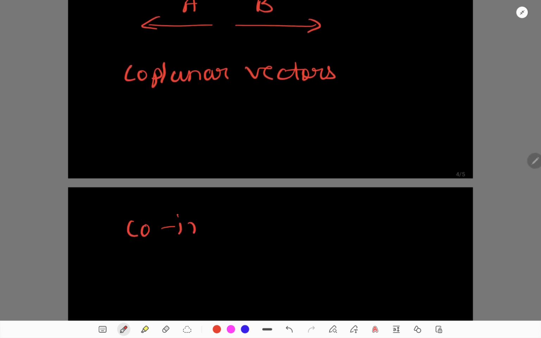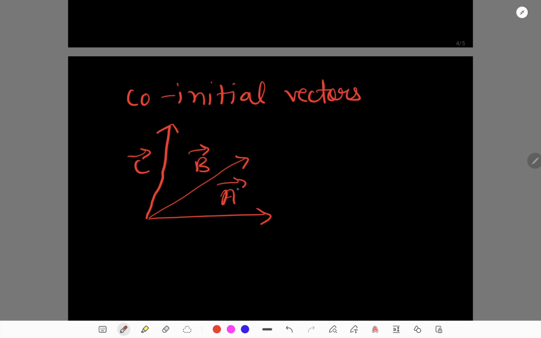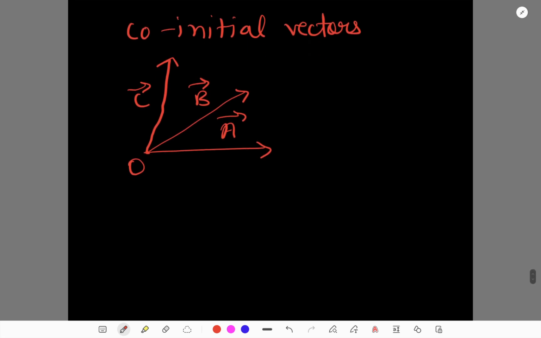Now co-initial vector. In this figure you can see that vector C, vector B and vector A start from point O. So we can say that these vectors are co-initial vectors.